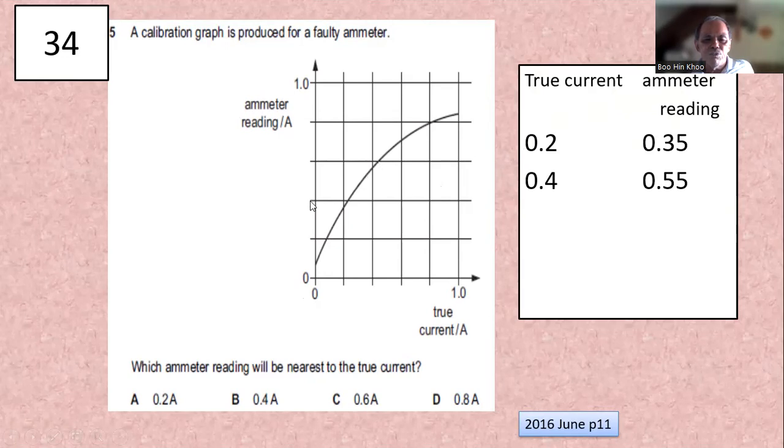This is 0.2, 0.4, 0.6. So 0.5 is here, so it's about 0.55. And 0.6 is here. This one is 2, 4, 6. 0.6 here is about 0.7. And this is 0.8. This is also 0.8. So the answer is D.